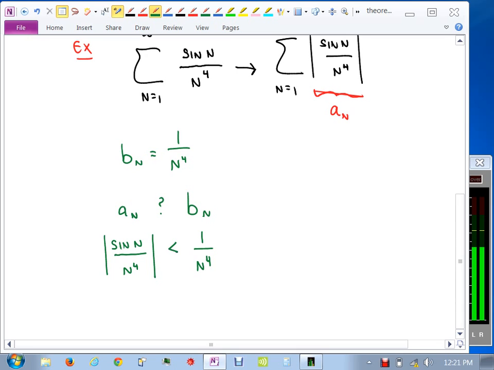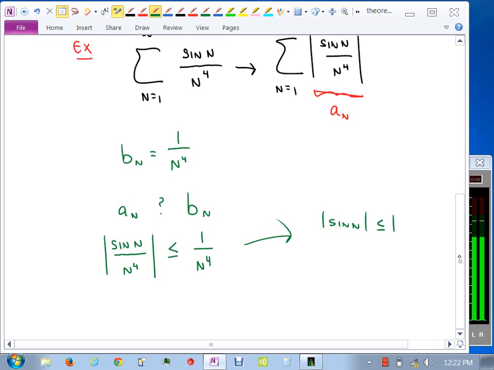You could also multiply both sides here by n to the fourth, if that helps. Then you have absolute value of sine n is less than or equal to 1. Do you agree with that? That's true? So that inequality is the right inequality.